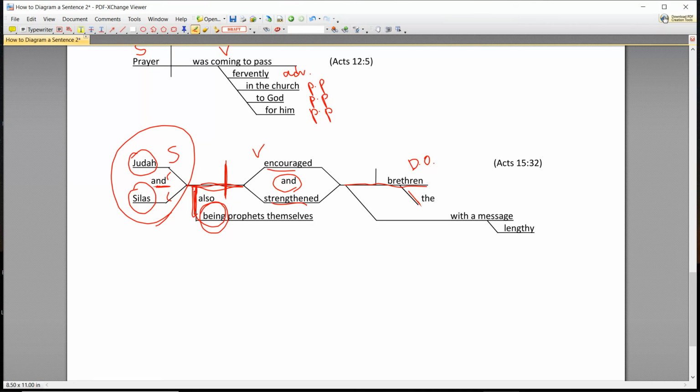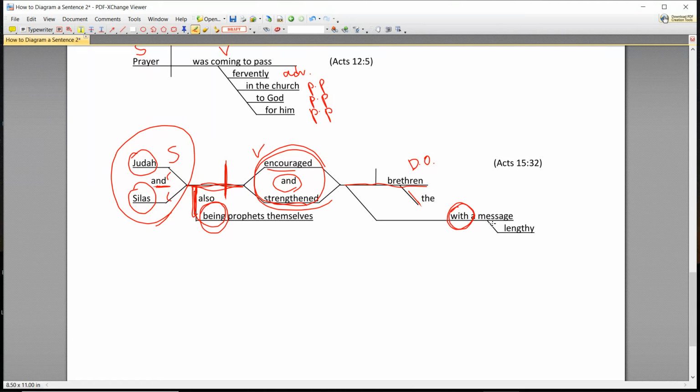So they, also being prophets themselves, encouraged and strengthened the brethren with a message. So with a lengthy message, modifying these verbs, encouraged and strengthened. How? With a message. So they are adverbial phrases, the adverbial prepositional phrase, right?